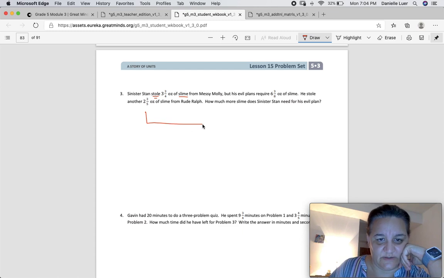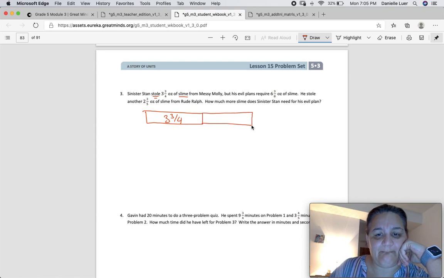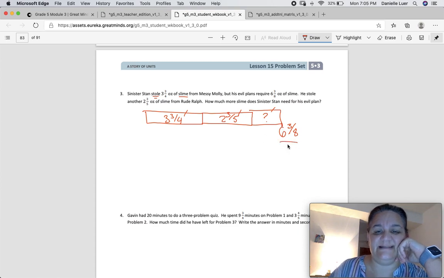So he stole, oh, he's not a very nice guy, 3 3/4 from Molly. But he needs 6 3/8 altogether. And we also know he stole 2 3/5 from Ralph. So this is what we need to find, okay? So this is what he stole from Molly. This is what he stole from Ralph. This is what he still needs, and that's how much he needs for his sinister plan.